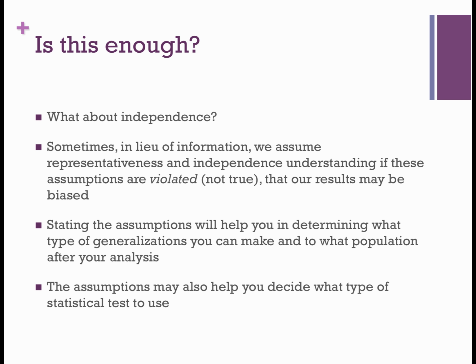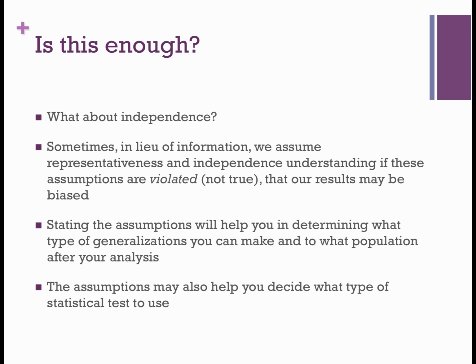What about independence? So in lieu of information, we assume representativeness and independence. Unless we're given information that violates them, we're going to go ahead and conclude that things are representative and independent. But we do need to understand that violation of those can have implications for generalization.